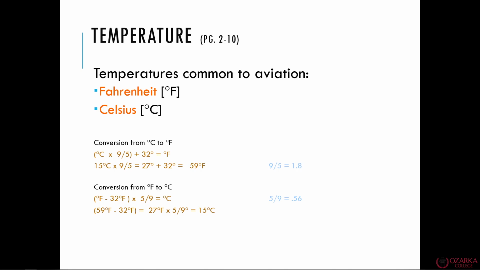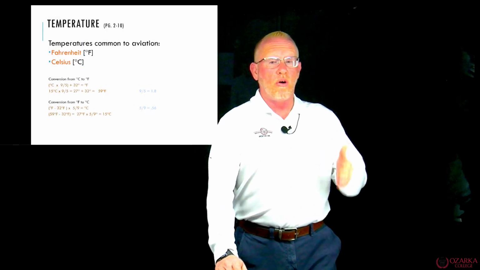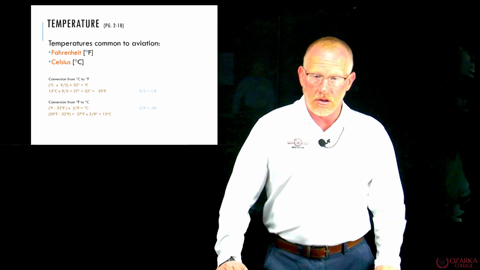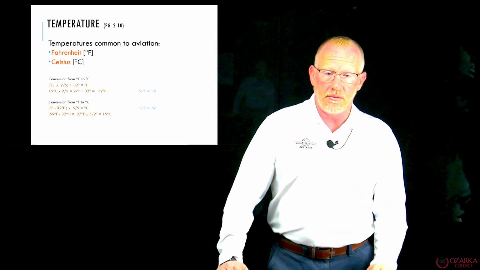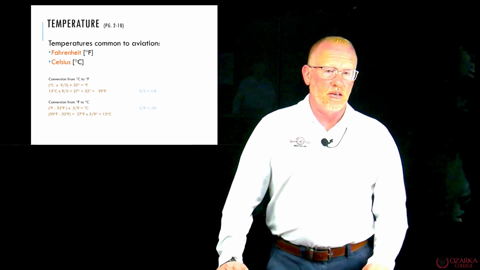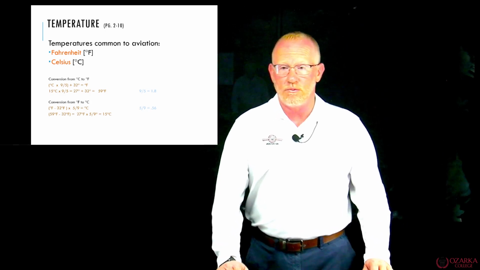So as you can see here, 59 degrees Fahrenheit minus 32 degrees Fahrenheit equals 27 degrees Fahrenheit times 0.56 gives you 15 degrees Celsius. So like I said, you will not have to work any problems, but you will need to know these equations for the quiz coming up and any section test or midterms or finals or whatever. You will need to be familiar with these formulas.